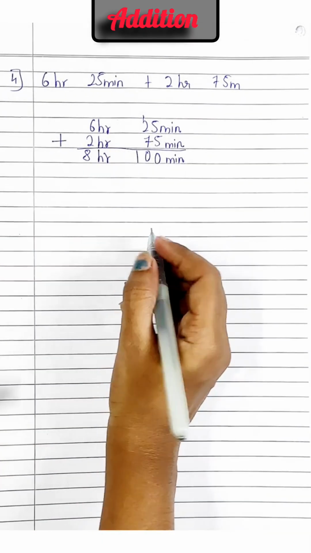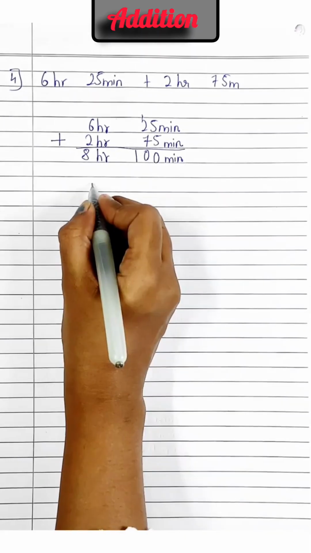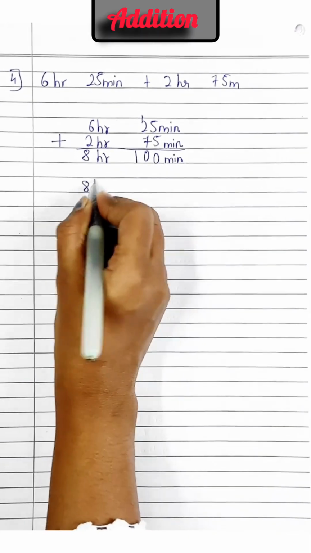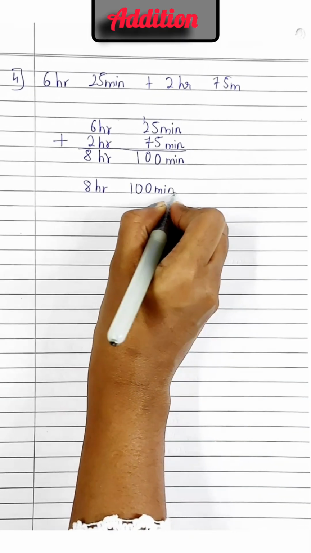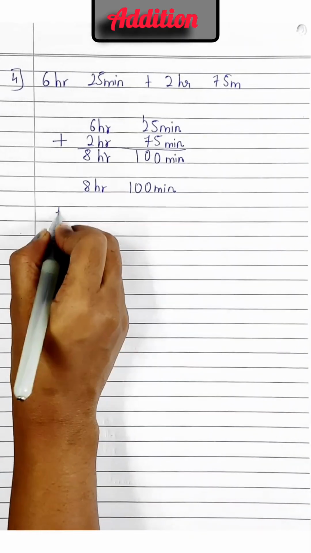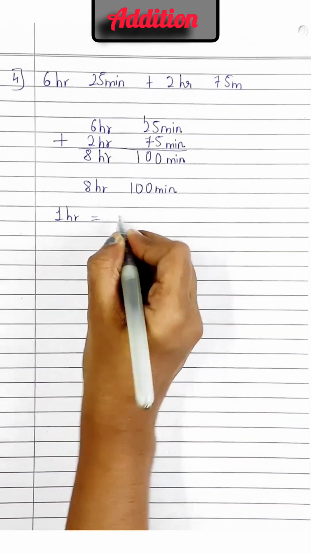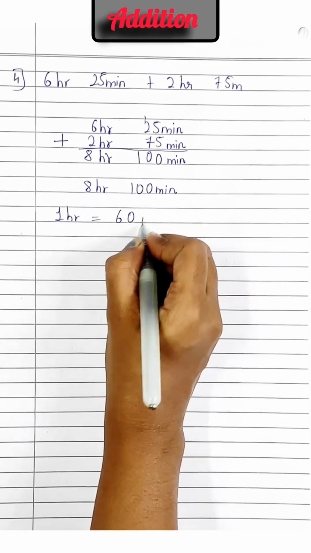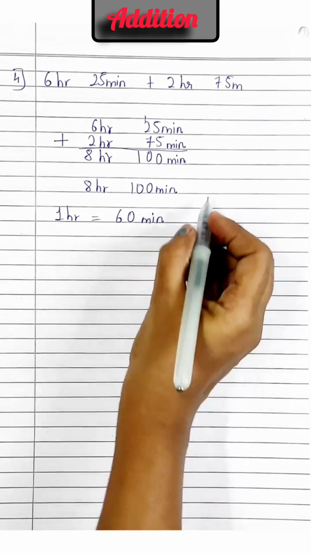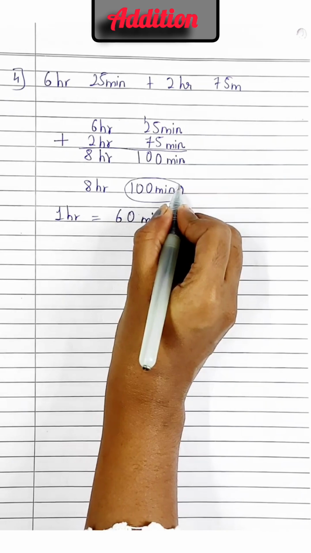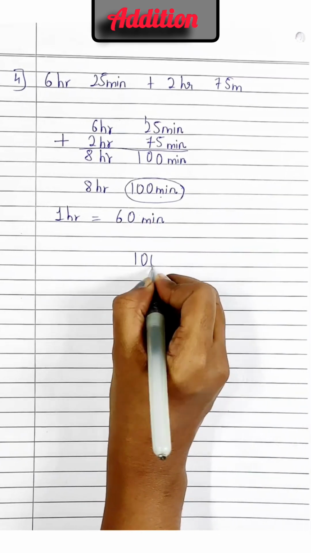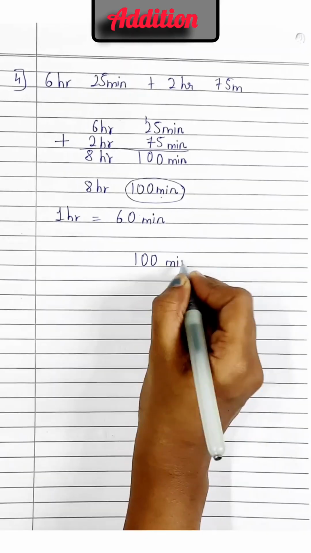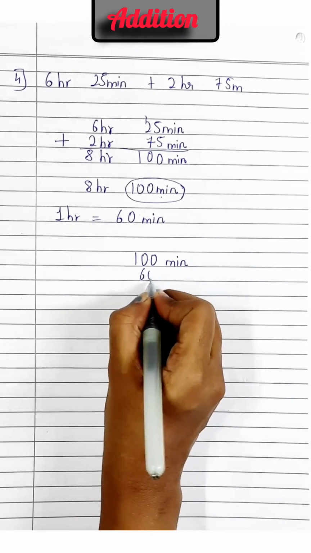Okay, now over here if you look, it is 8 hours 100 minutes. But you know that in 1 hour we have 60 minutes and it is extending more than 60. So what you have to do? You have to subtract 60 from your 100 minutes.